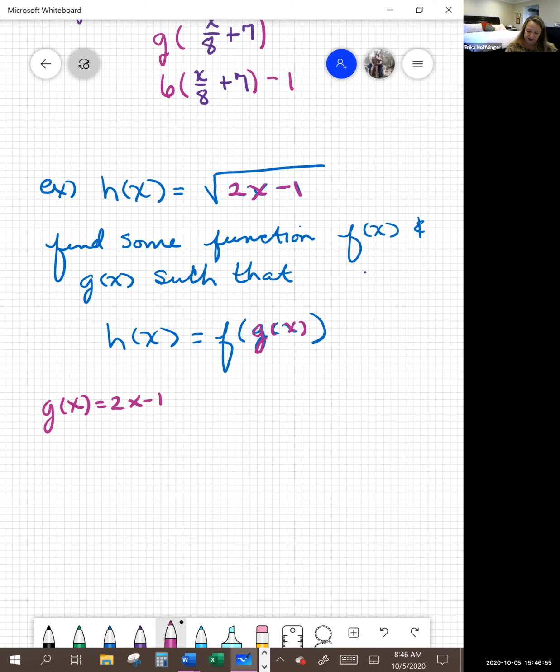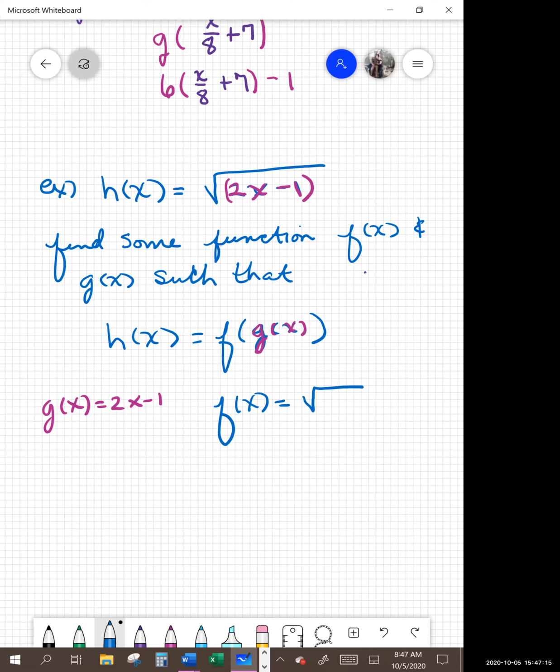So basically, you're going to let f of x be the outer function. Well, that outer function has that square root. We need that square root in there.